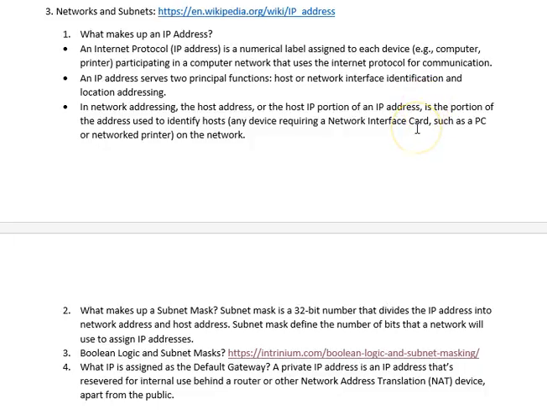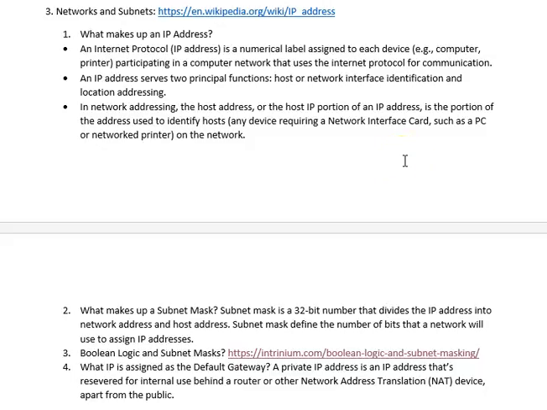In this video, we're going to be discussing networks and subnets. What makes up an IP address? An internet protocol address is a numerical label assigned to each device participating in a computer network that uses the internet protocol for communication.